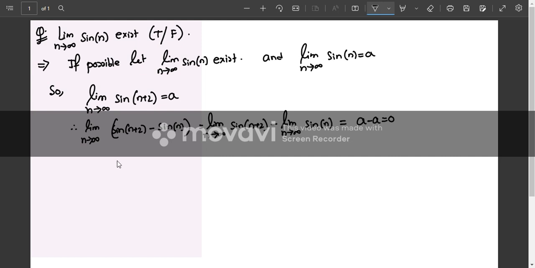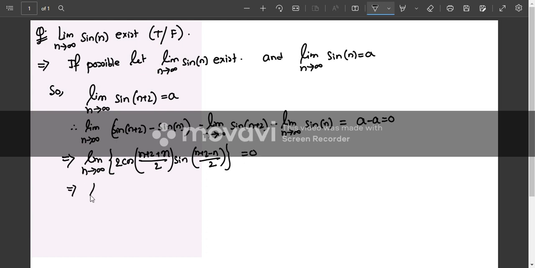Okay, and here the limit as n tends to infinity of sin(n+2) minus sin n is the limit of 2 cos((n+2+n)/2) sin((n+2-n)/2). So that is 0.